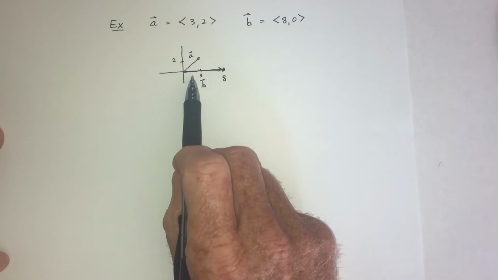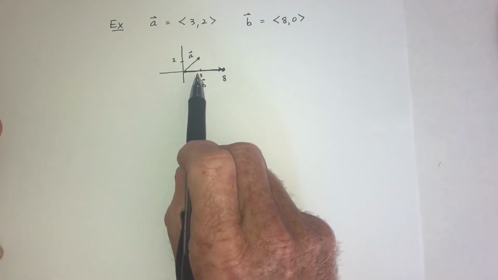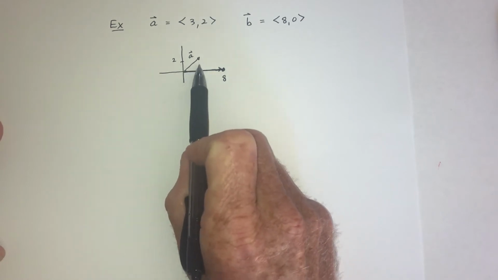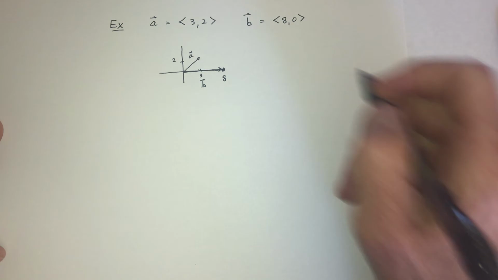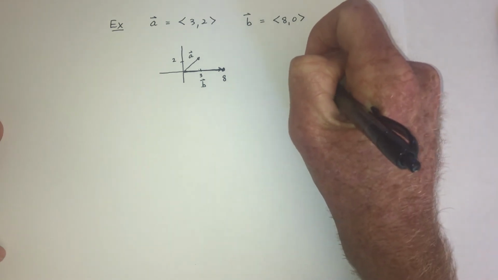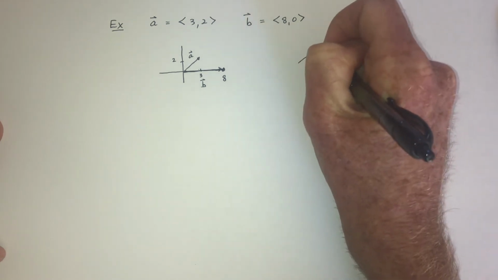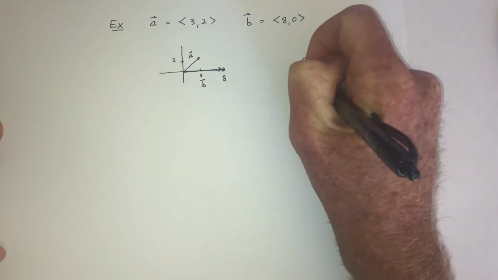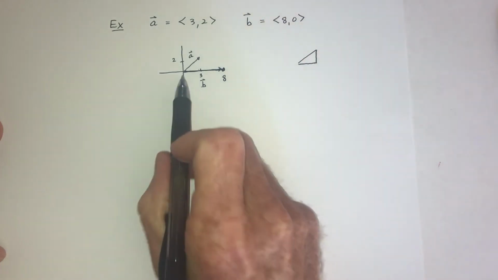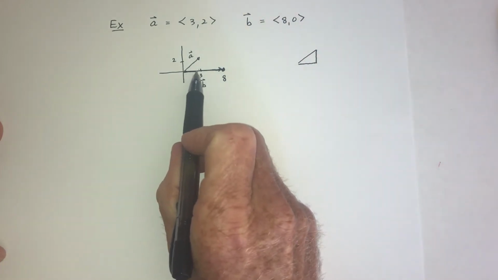So I'm going to use the formulas that I just went over, but with this one, because I made up a simple example, basically you could look at this as a right triangle. So I could have this is vector A, and then drop a perpendicular down. And this bottom side right here, that would be 3.